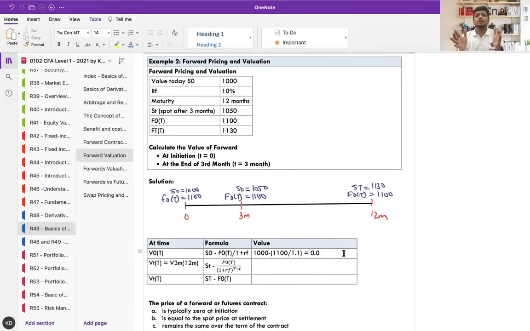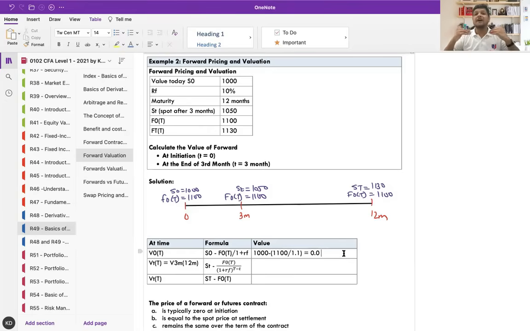Nothing, because the difference between the spot and the future price is just because of time value of money. So if you take the present value of the future now, you settle the contract at initiation, the value is always 0. Clear? But later on, your future price is fixed, but your underlying will keep on changing.